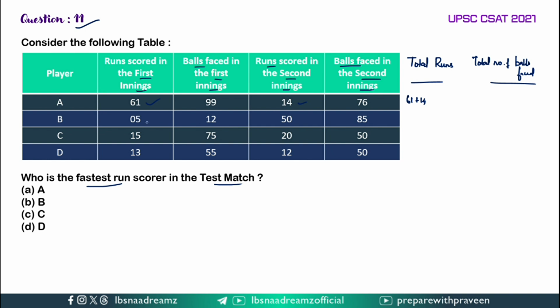Player B, 5 plus 50. 15 plus 20. 13 plus 12. Total number of balls faced is 99 plus 76. 12 plus 85. 75 plus 50. 55 plus 50.